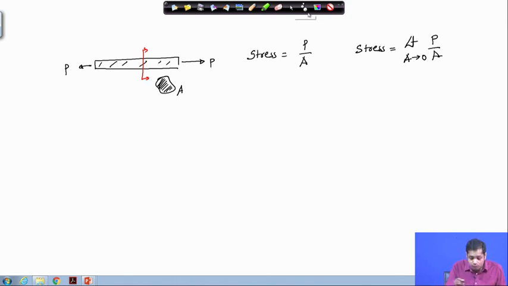Now, whether the load is tension or compression, depending on that the stress can be called tensile stress or compressive stress. When you apply this load, it will cause a change in length of this rod.